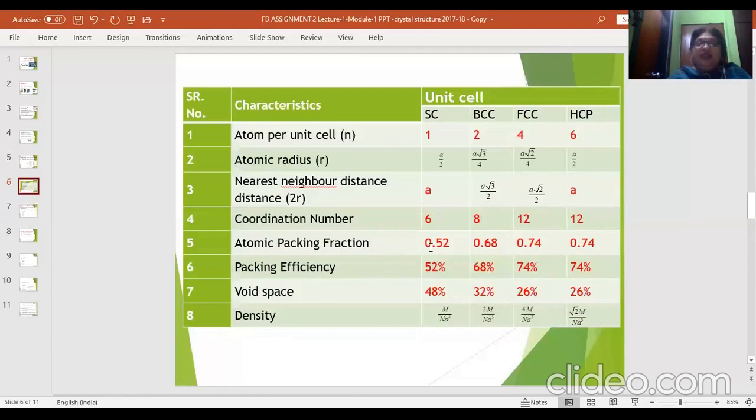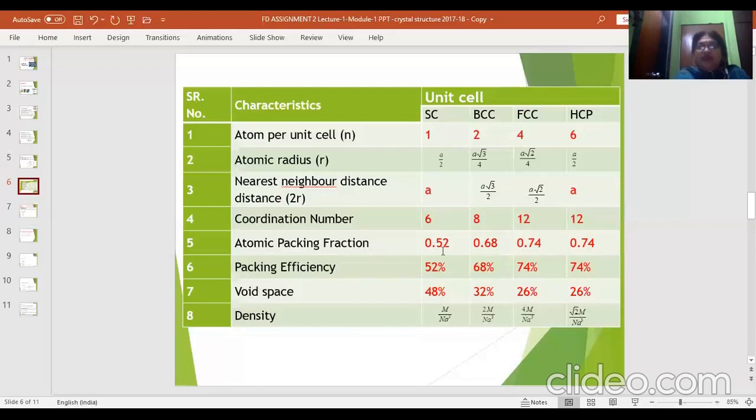Atomic packing fraction, which you have derived already, is nothing but the number of atoms per unit cell into the volume of each atom divided by the total volume of the cubic cell. So that comes out as 0.52 for simple cubic, 0.68 for BCC, 0.74 for FCC.